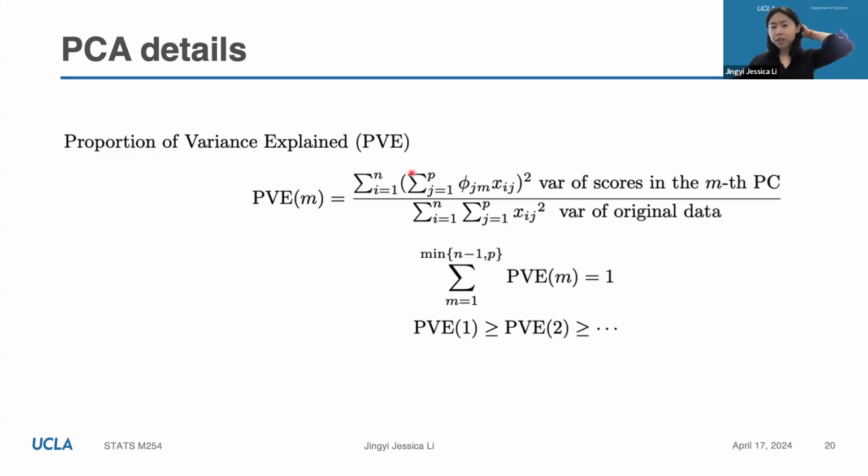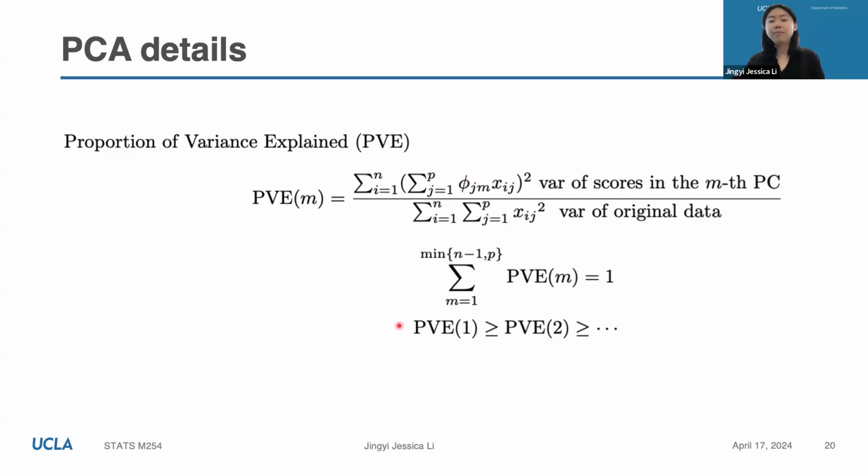That's the proportion of variance in the mth PC. And we have this fact that if you go through all the PCs to the maximum number of PCs, you add up the proportion of variance explained. These share the same denominator. They only differ in the numerator because the numerator depends on the mth PC. The denominator is the same. They add up to 1.